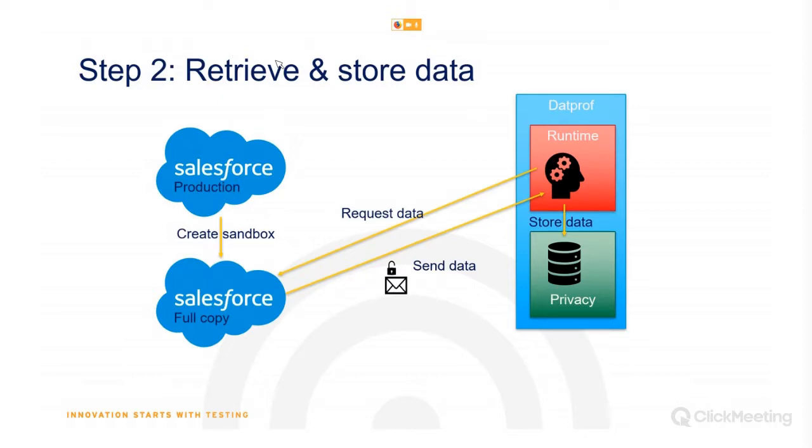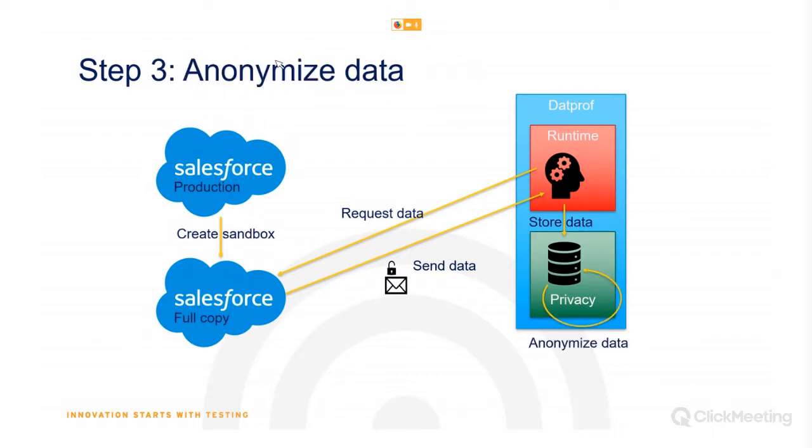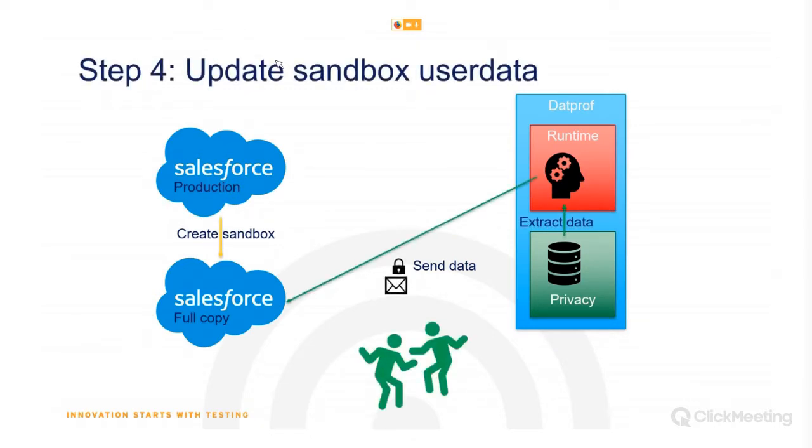The normal DATPROF solutions can be run once the data is there. Then we have created this anonymized data. It's still not in the environment, and we want to have it in the environment, so we can send it back to the full copy Salesforce environment.